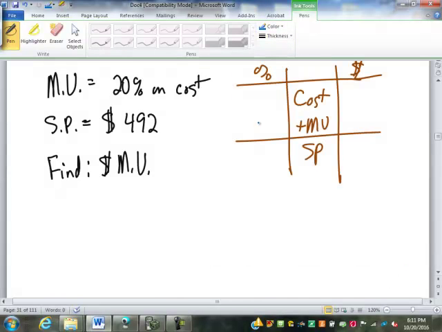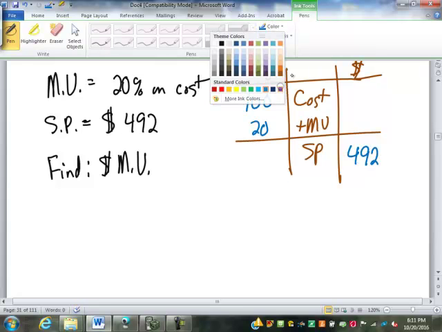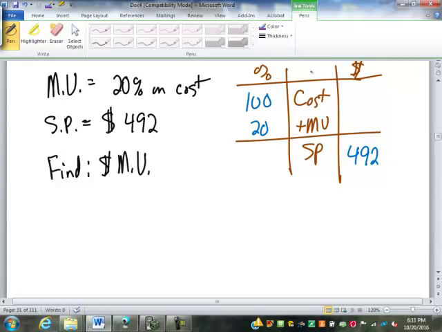So we've got the 20% markup. It's on cost. That tells us 100% goes for the cost. We have the selling price of $492. What are we asked to find? Dollar markup. So we have to use the markup rule. So we either need to find out what the dollar cost is, which is not so easy because we don't have the other two numbers, or we've got to find the dollar selling price or the percent selling price, which we can do because we have the other two numbers in that column.